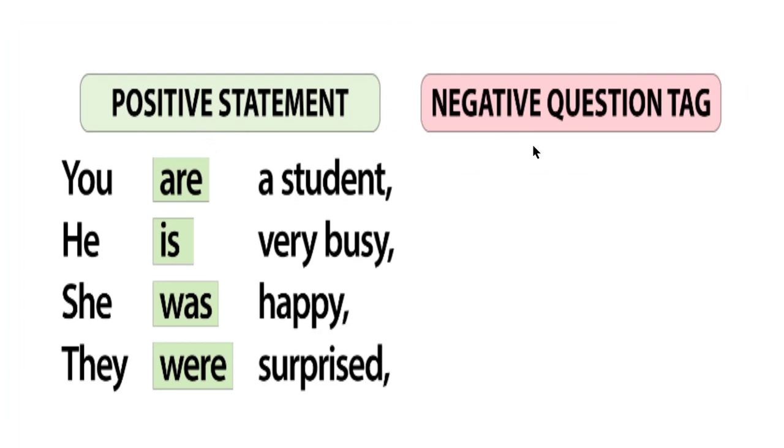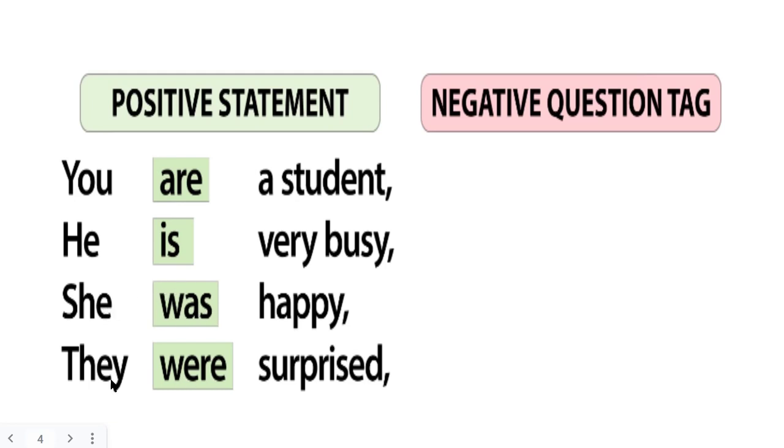Positive statement, negative tag. You are a student. How can you do it? You are a student, aren't you? He is very busy, isn't he? And here, wasn't she?